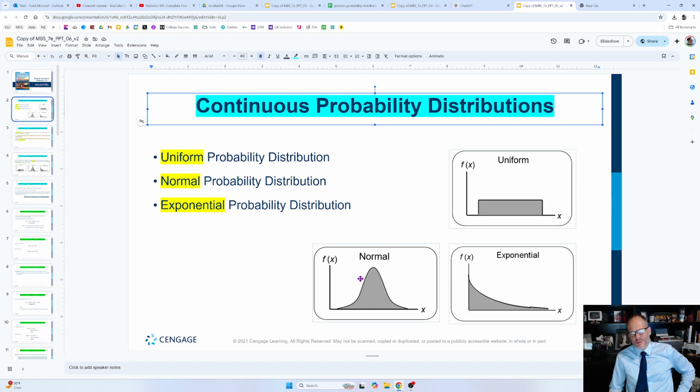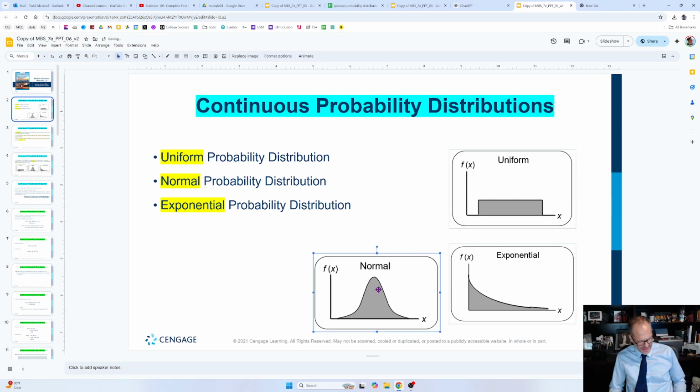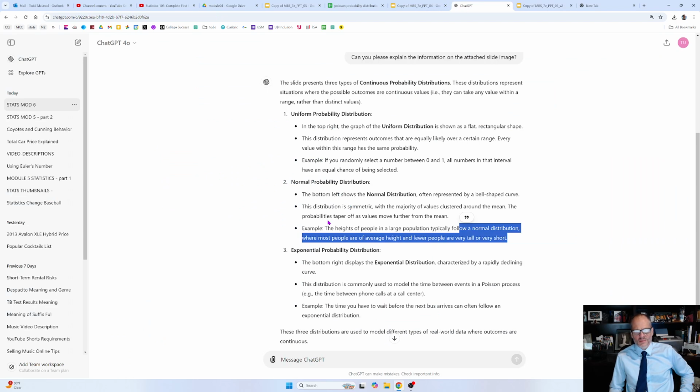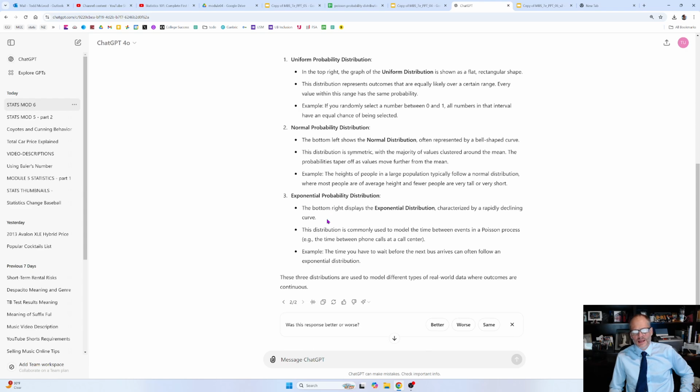We could say, people from here to here, what's the probability, if we were to look at the population, that this percent of the population would be in this range from here to here, plus or minus 1 standard deviation, or plus or minus 2 standard deviations from the mean, right? We could start to figure out the probability of certain heights occurring if we were to select somebody from the population.